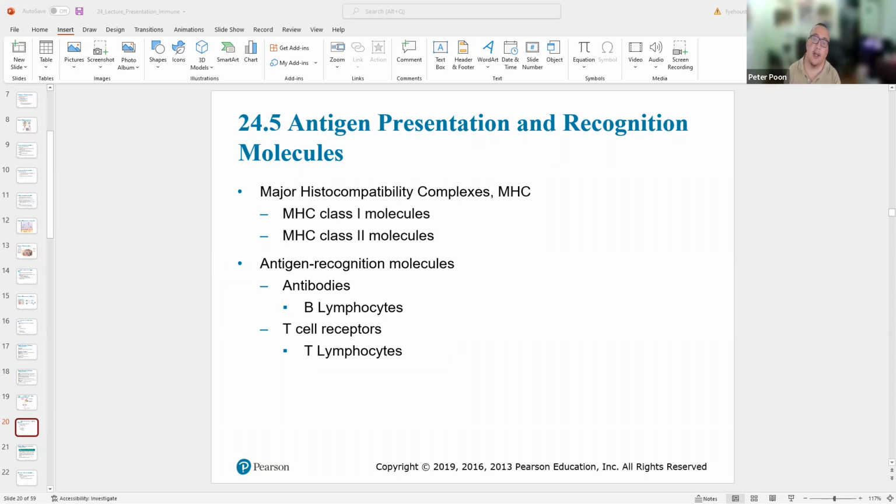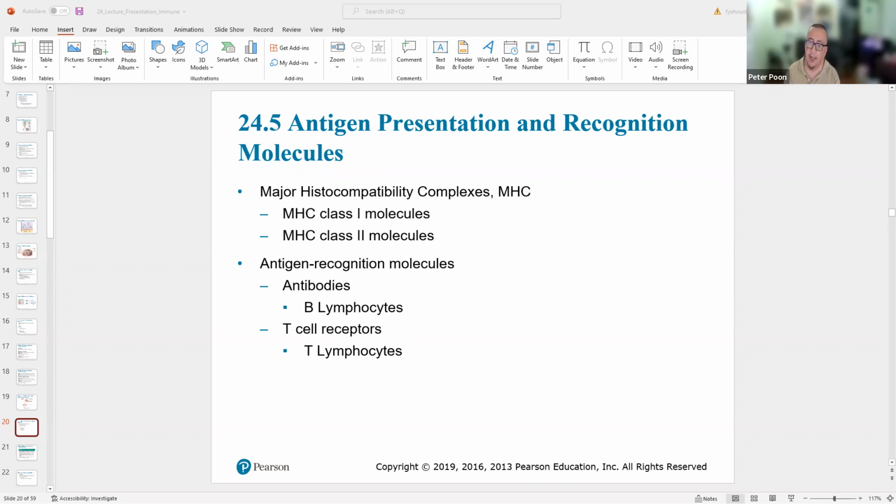MHC class 1 molecules tell you about the cell itself. If I'm a regular cell, it tells me everything that's inside me, all the normal stuff. If viruses and bacteria get inside my cell, that also gets expressed on MHC 1.